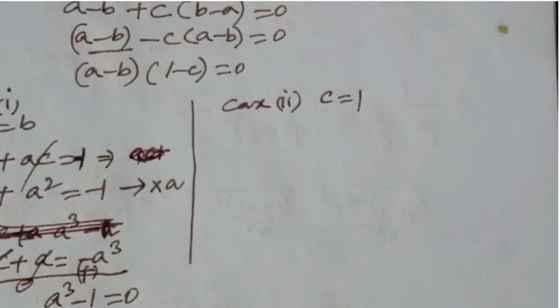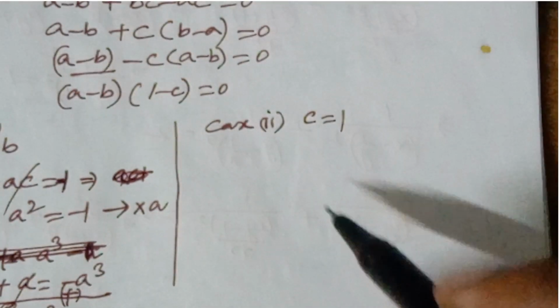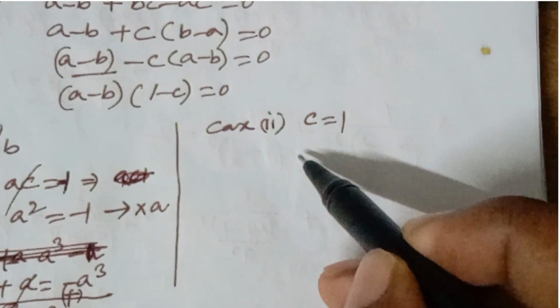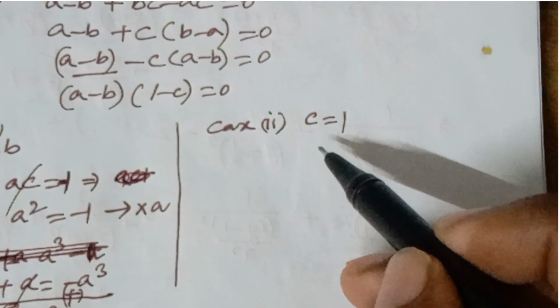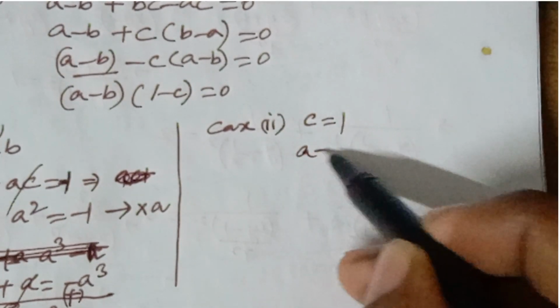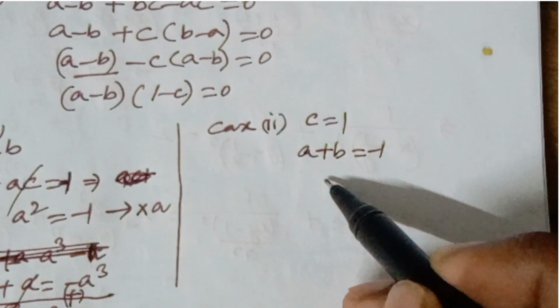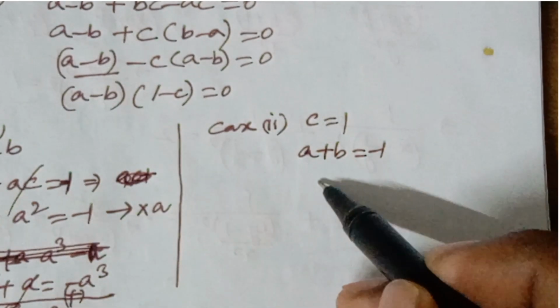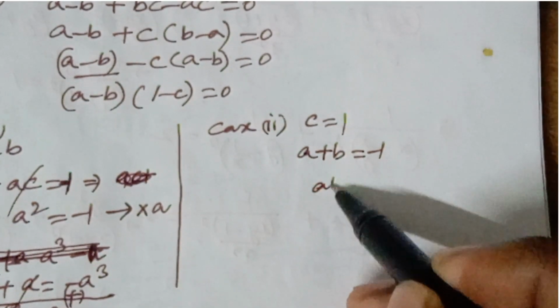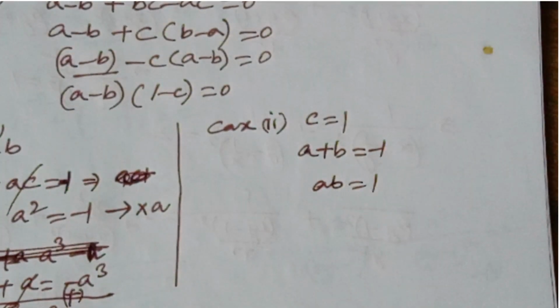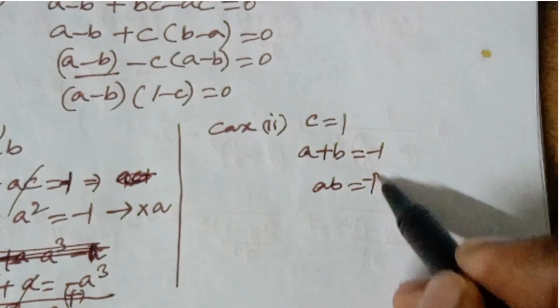So if we take the second case, c equal to 1, then the first equation will become a plus b equal to minus 1, and the third equation will become ab equal to minus 2.